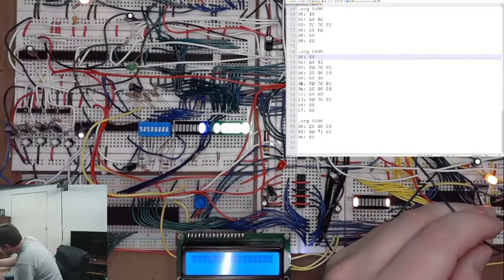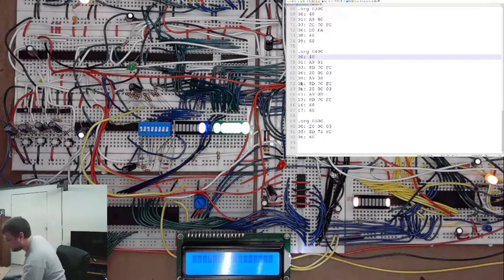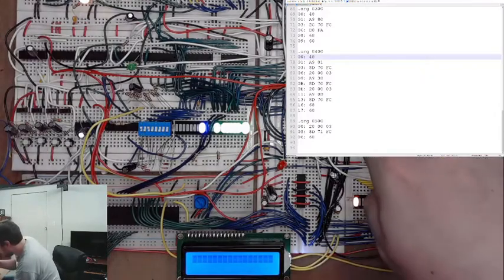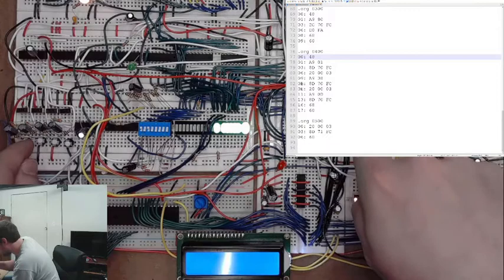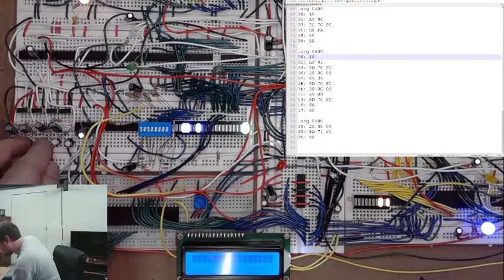That's causing problems. Something does seem to be shorting out, which is odd.